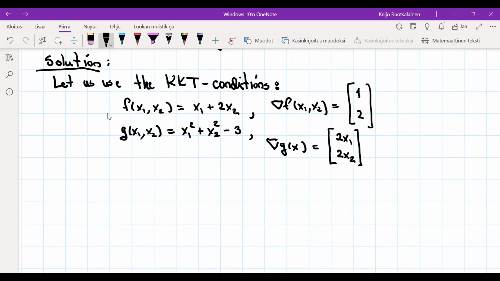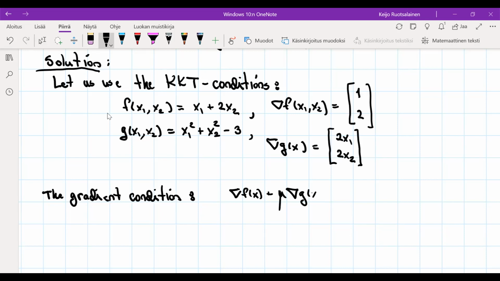The gradient condition in the Karush-Kuhn-Tucker conditions says that at the minimum point, gradient of f at x plus mu times gradient of g at x equals 0.